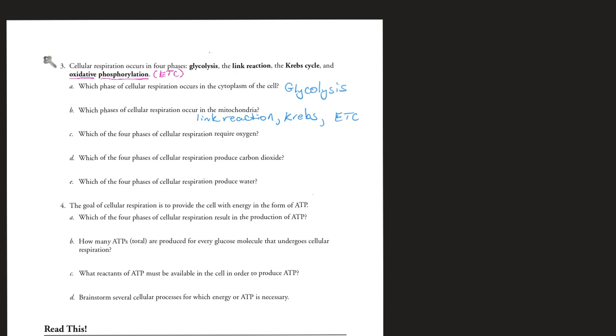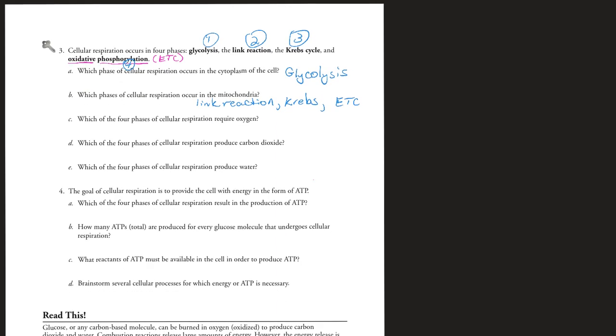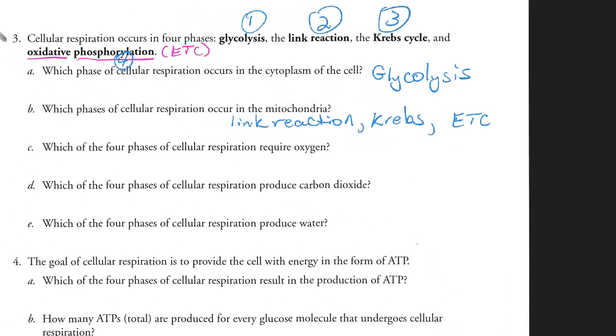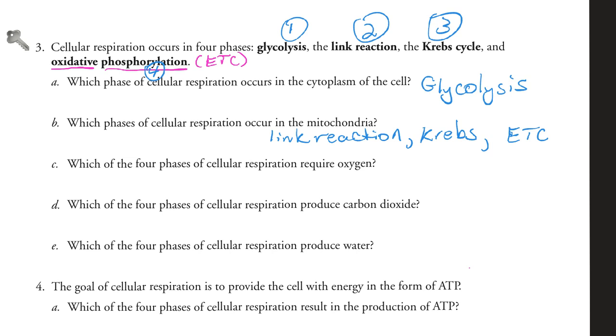I'm going to label them 1, 2, 3, 4 steps in cellular respiration. Remembering fermentation is what happens when there's no oxygen. So all of these answers are right there. They put them in bold-faced type. I'm going to use ETC because it's easier than oxidative phosphorylation.